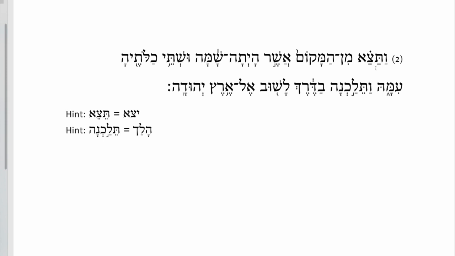So verse 2, vatetze min hamakom asher hayta shamah. I'll stop there for the zaqef qatan. Vatetze, again, wayyiqtol, third feminine singular. This is a first yod verb. I give you that down here. Tetze equals yatsa. Yatsa means to go out.